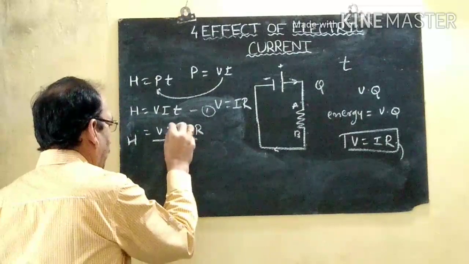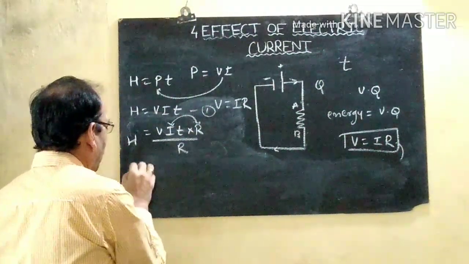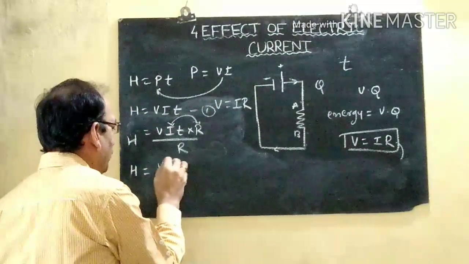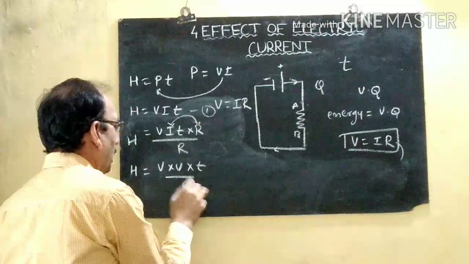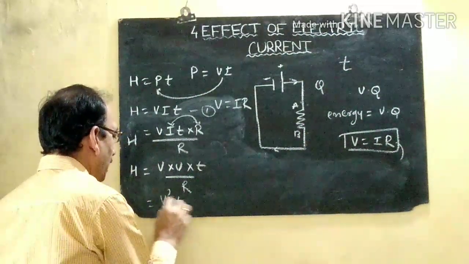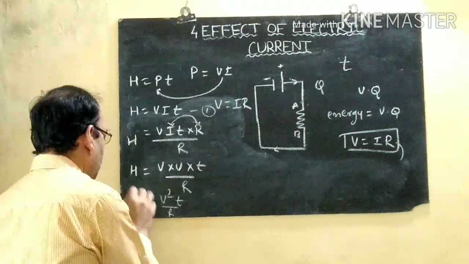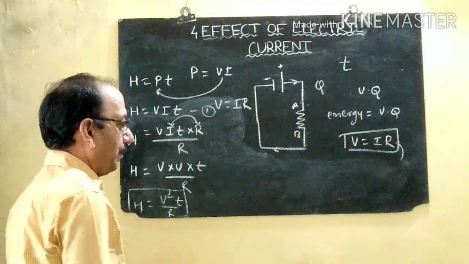But when we write V instead of I into R, then we get V into V into T divided by R. This means V squared T divided by R. This is nothing but the second formula of Joule's law.